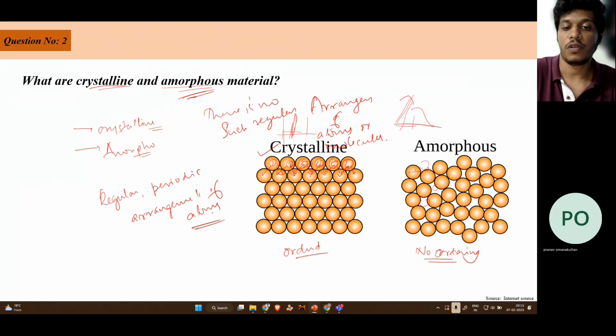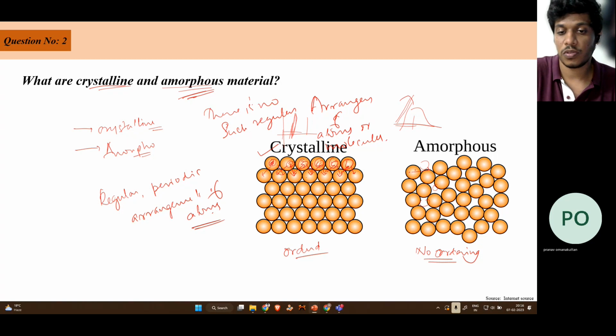You can see from this figure, the first one is an example of a crystalline material, and you can see there is a well-ordered arrangement. You can see the atoms, we count 1, 2, 3, 4, 5, 6, each has a neighbor, and you can see there's a proper arrangement one after the other without any defects.